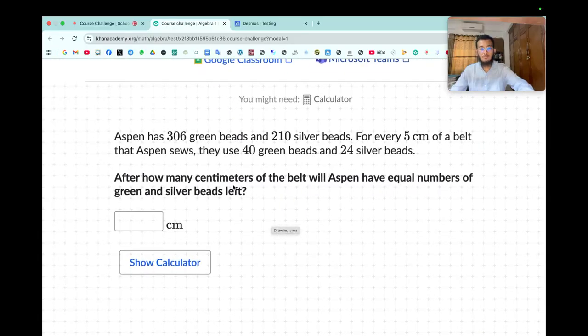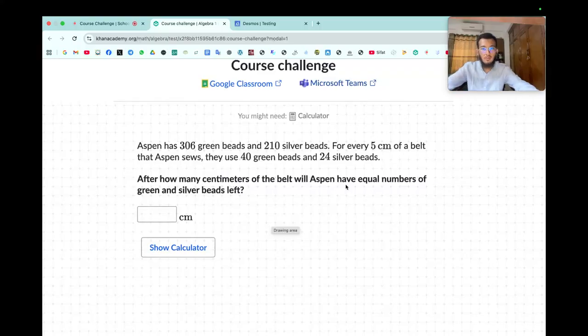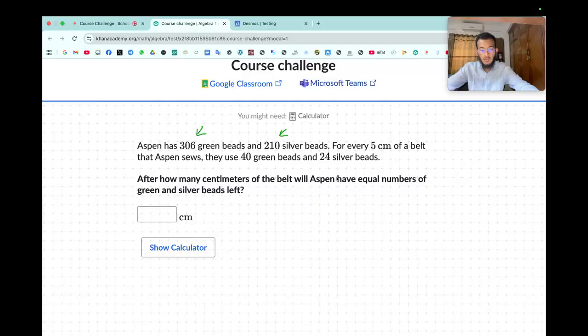So Aspen has 306 green beads, 210 silver beads. For every 5 centimeter of a belt that Aspen sews, they use 40 green beads and 24. Okay, let's form an equation for green beads.